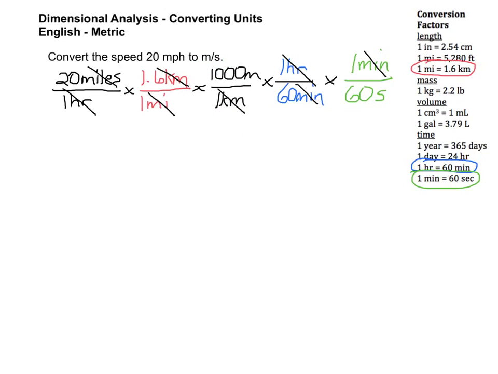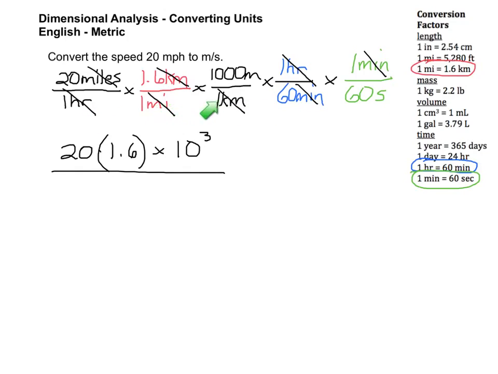So now we're ready to do the math. To simplify this problem, I suggest that you rewrite and then multiply all the values in the numerator. So 20 times 1.6, let's put these in parentheses, times 1,000, let's write that as 10 to the third, all over the product of all the denominators.